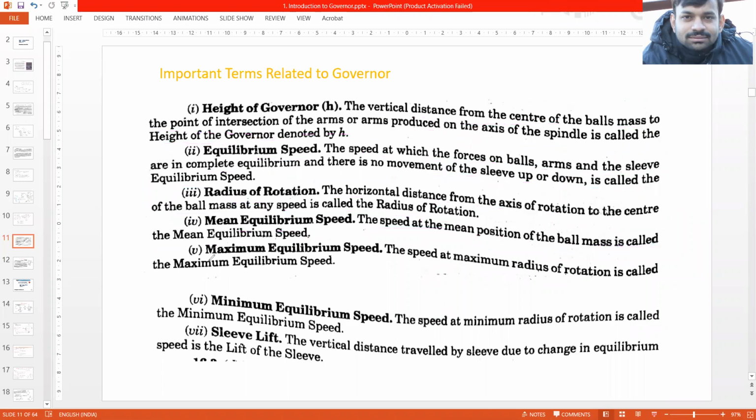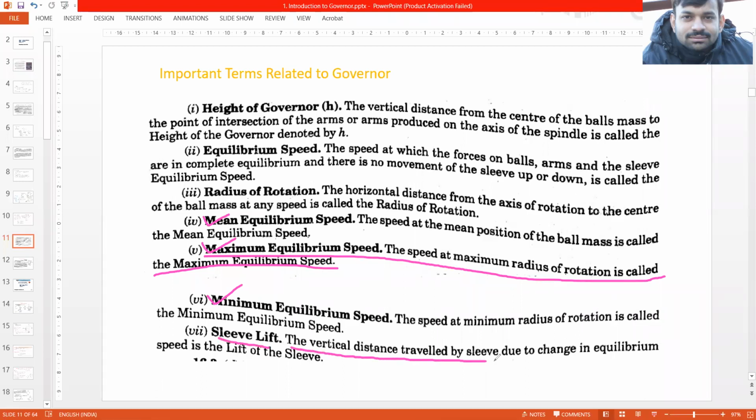Now maximum equilibrium speed, the speed at which the radius of rotation is maximum, is called the maximum equilibrium speed. So there are three types: maximum speed, minimum speed, and the mean speed. Okay, so it depends upon the radius of rotation of the balls. If the balls are at maximum radius, then it is the maximum equilibrium speed. If they are at minimum radius, then it is the minimum equilibrium speed, and so on for the mean equilibrium speed.